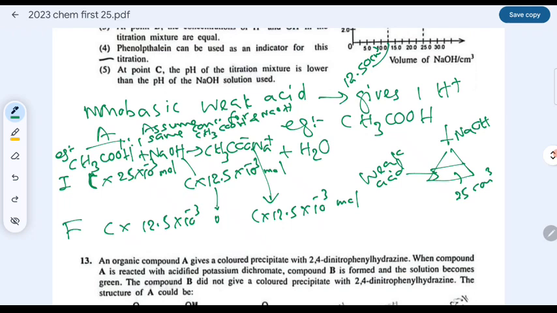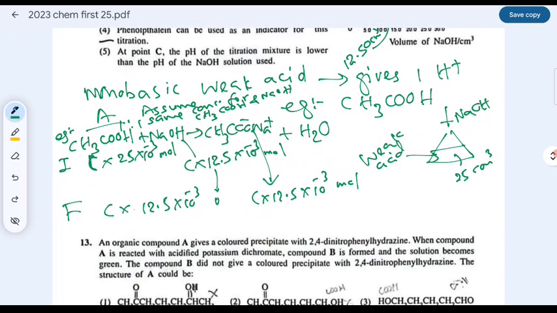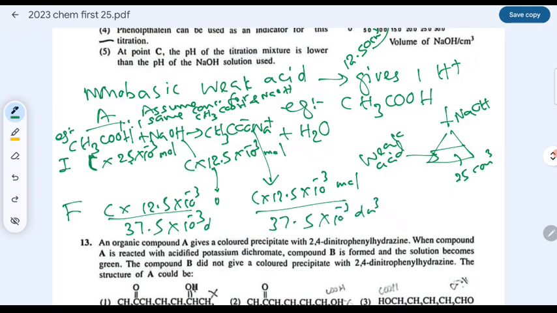Now if we find the concentrations of these two, this one has 25 cubic centimeters and here we put 12.5 cubic centimeters, so the total volume is 37.5 cubic centimeters. Which means what?